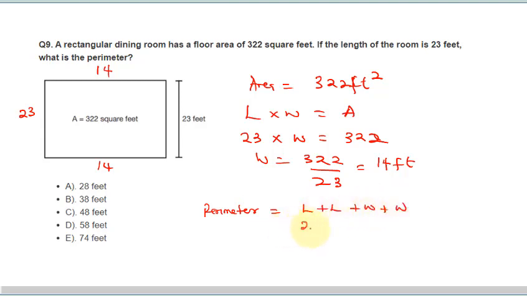So this is going to be 23 plus 23 plus 14 plus 14. That's 46 plus 28, and this is going to give us 74 feet. So our correct answer here is going to be C.